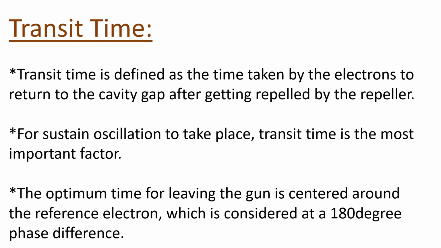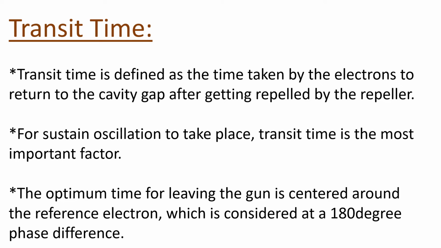And due to this velocity modulation, all the electrons get bunched while returning towards the catcher cavity. So in this way, a bunch of electrons reaches the catcher cavity. This bunching of electrons causes current modulation inside the tube. Therefore, at the time of returning, the bunched electrons transfer the maximum of their energy to the catcher cavity, thereby causing oscillations inside the tube.